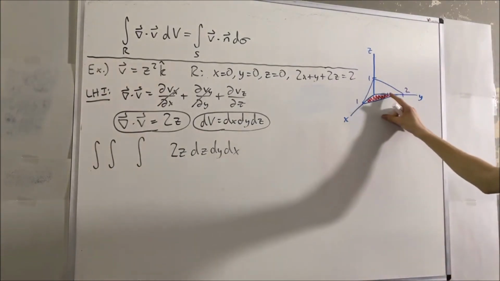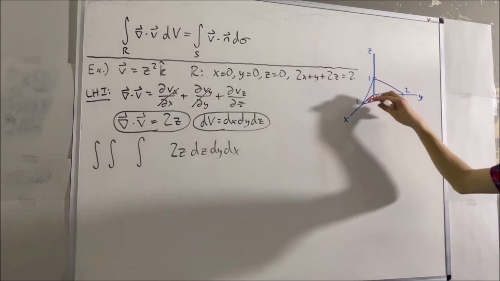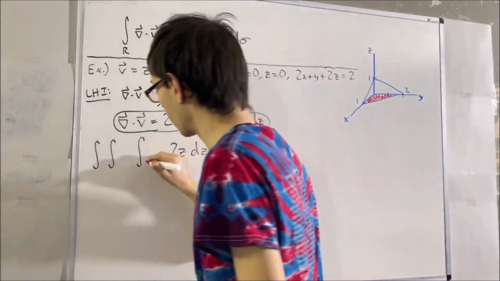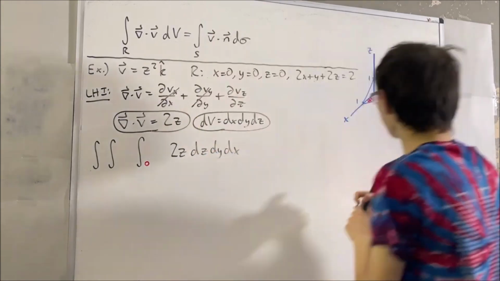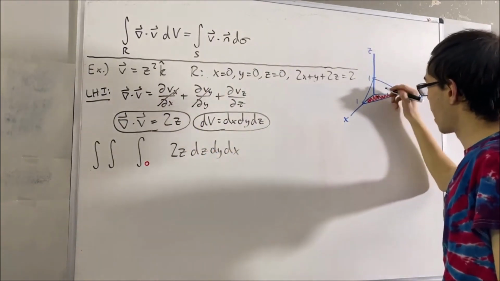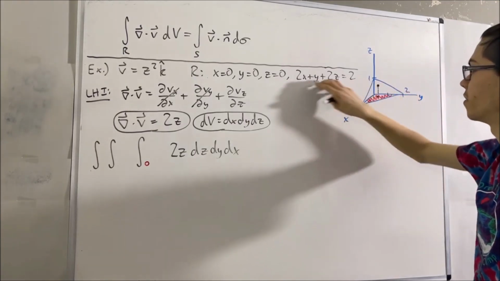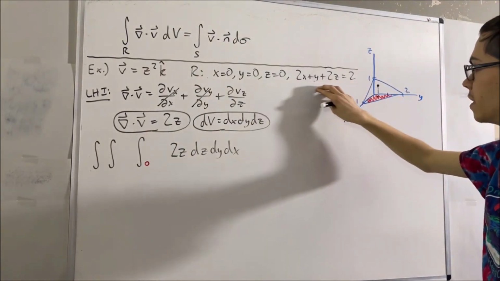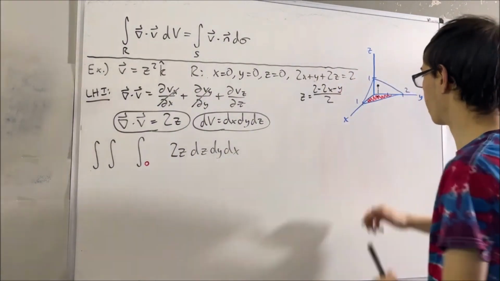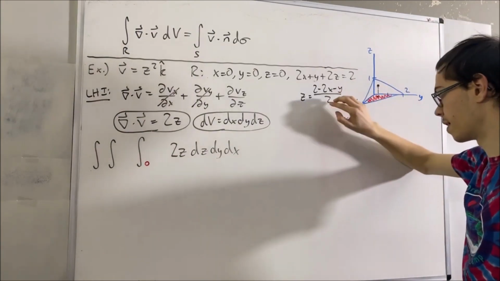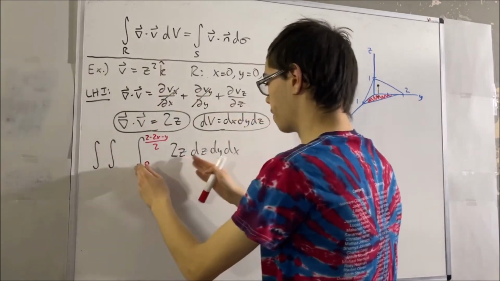So this red region that I've drawn here is the lowest z value for our entire region R. So we'll start at z equals 0, but then we're going up to, well, if you choose any point in the red region, and you go as high up as you can until you exit the region, you would end up somewhere on this plane. So really, I'm going to solve for z in this equation. You would get this. And so really, I'm going from z equals 0 to z equals this thing. So these would be my bounds of integration for z.